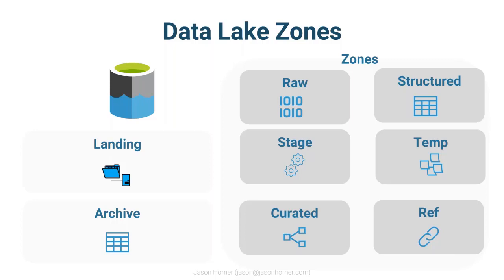I'm protected because I've got multiple copies of that data, and that's all transparent to me. But I'm not protected against user error. So if I, as a data engineer, write this whiz-bang Python script, and at the end of the script I delete the data that I was working on, but I find out later we needed to keep it, it's gone.